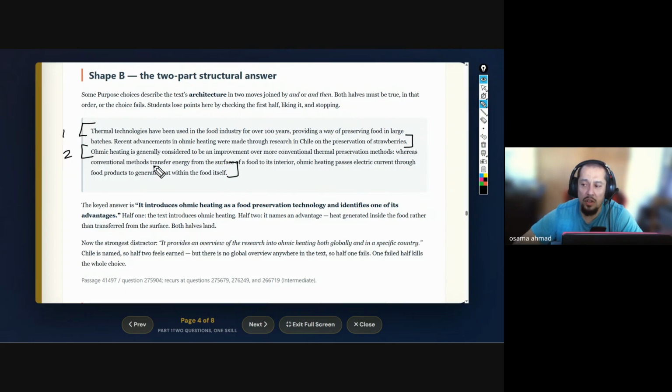Whereas conventional methods transfer energy from the surface of food to its interior, ohmic heating passes electric current to food products to generate heat within the food itself. So the two parts, you'll see an answer like this, part one, part two: it introduces ohmic heating and identifies one of its advantages. So it's a two-part answer. These ones are harder. The previous ones are easier.